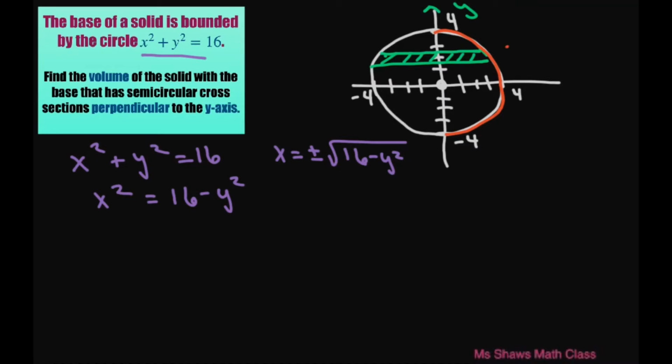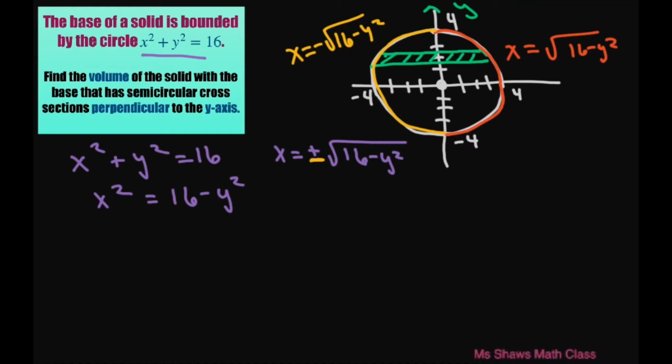So this is going to be x equals square root of 16 minus y squared. The minus part is this side of the y-axis, and this is going to be x equals negative square root of 16 minus y squared.